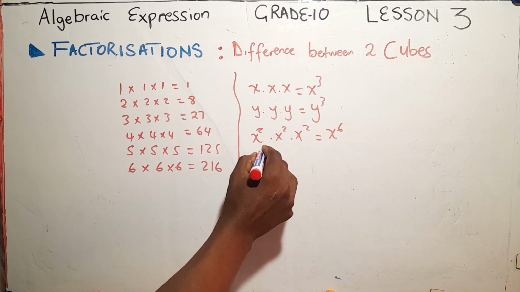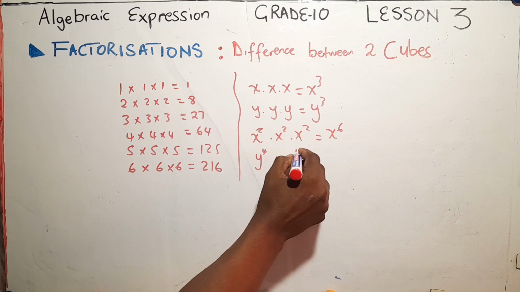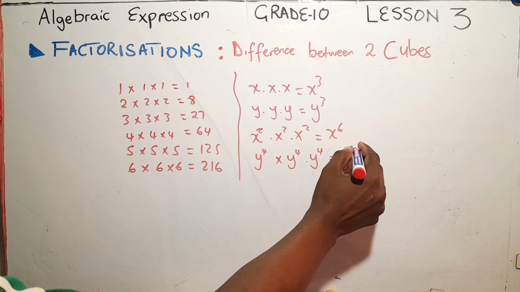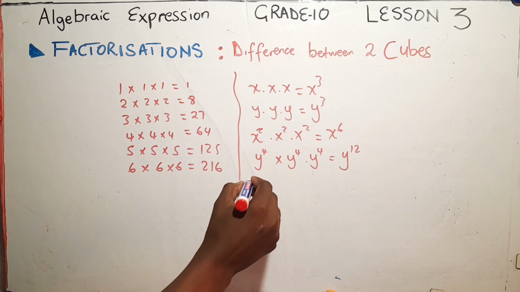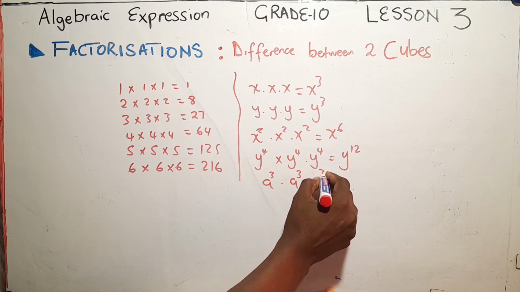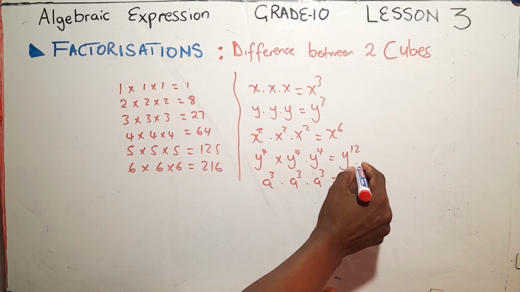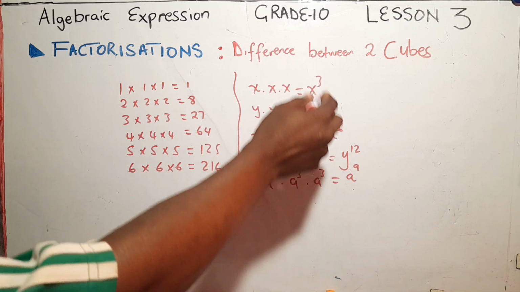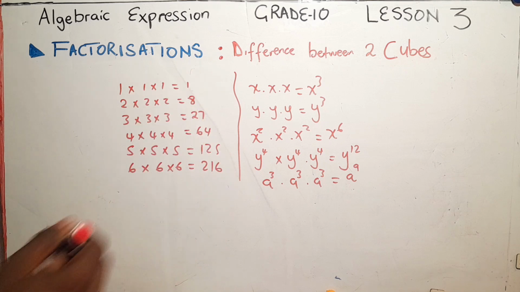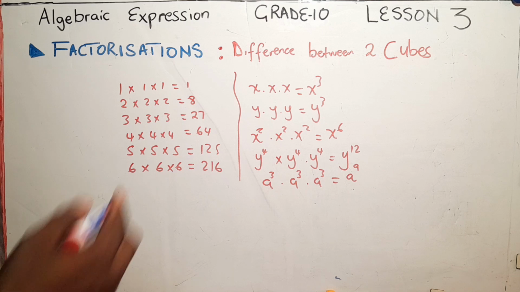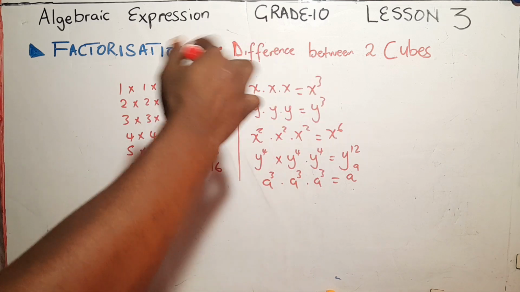If you're having y to the power 4 multiplied by y to the power 4 multiplied by y to the power 4, this will be y to the power of 12. And maybe a to the power of 3 multiplied by a to the power of 3 multiplied by a to the power of 3, that gives us a to the power of 9. So you can see that these are perfect cubes. We get their products from a number being cubed. So you can see the idea of what perfect cubes are.